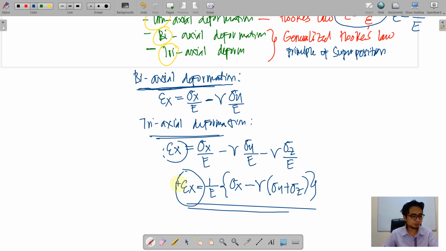So moving on, we also have what we call the volumetric strain. Volumetric strain is the measure of change in volume of an object under loading.